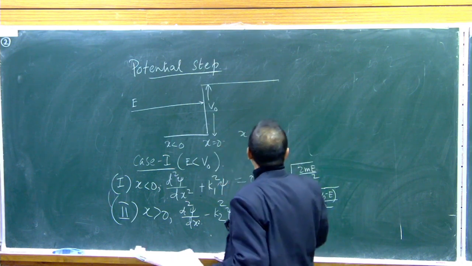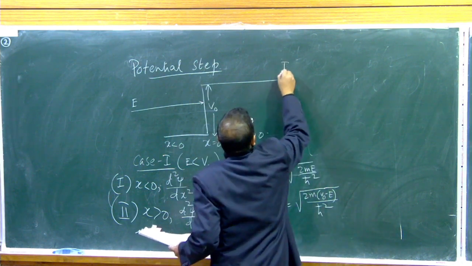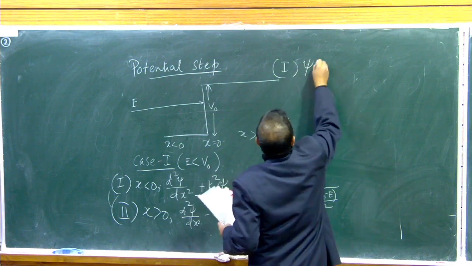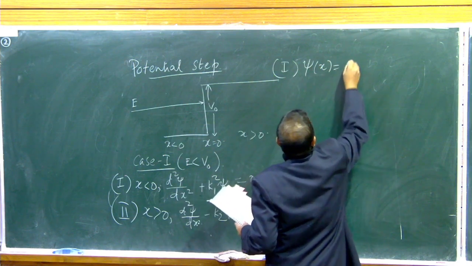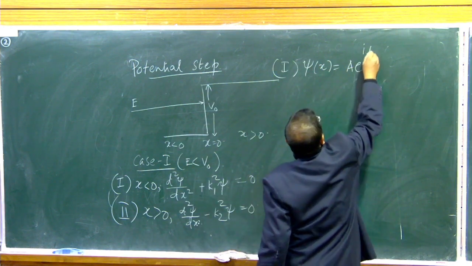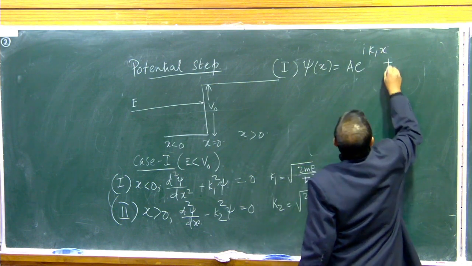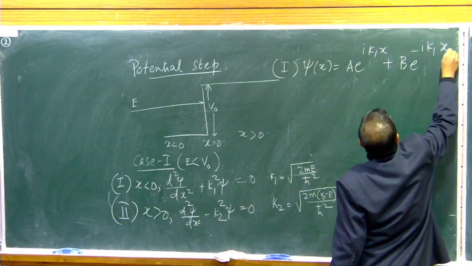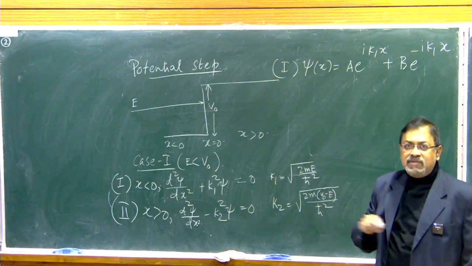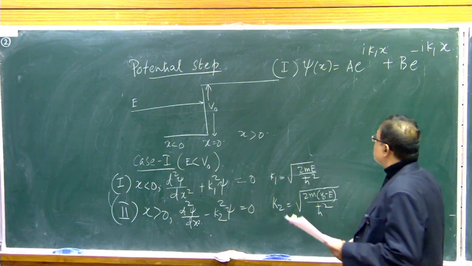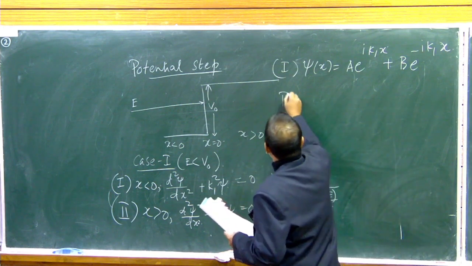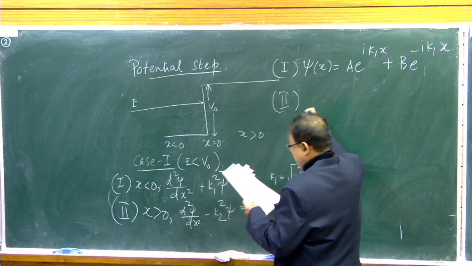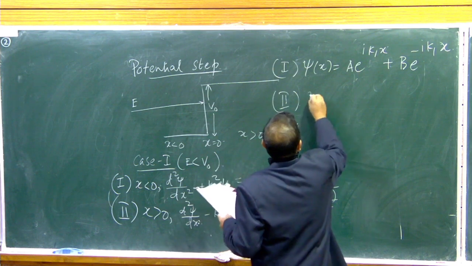So the solution in region 1 is written as psi of x equal to A exponential ik1x plus B exponential minus ik1x. Okay, so that's the traveling wave solution, free particle solution. And in region 2, we'll have a solution which is like psi of x.